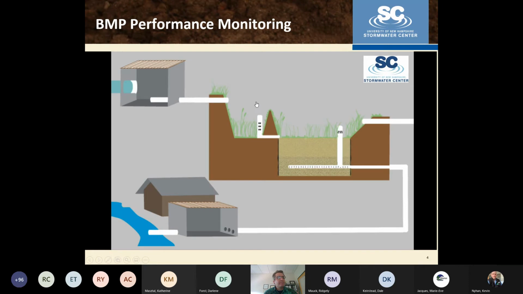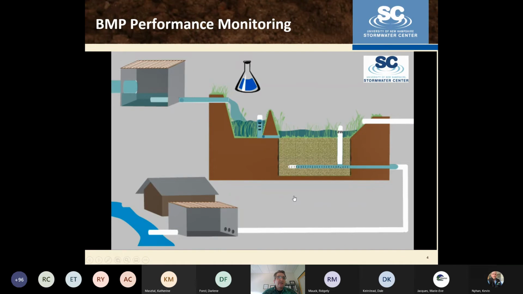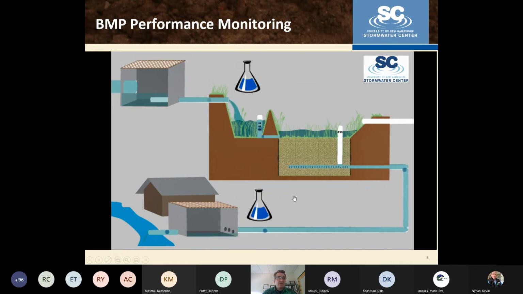So from there, water would flow into any one of our structural controls, and we do look at non-proprietary systems. We look at proprietary systems. We look at what we call now green infrastructure, and we look at conventional systems like retention ponds and detention ponds. So we cover the whole range.